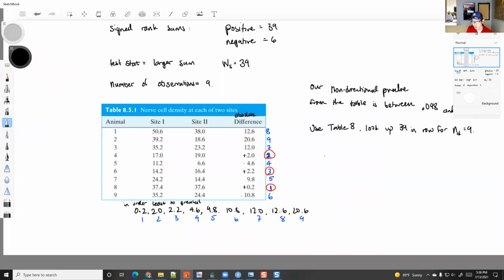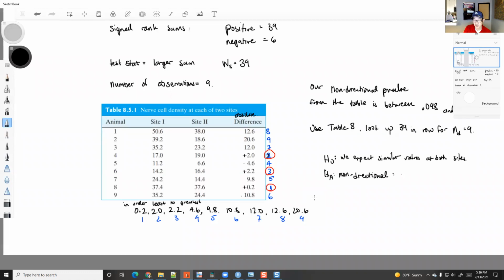So our null hypothesis would be, we expect similar values at both sites. Okay, non-directional. And again, it wasn't specified on this problem, so we can't really know as far as this problem goes.